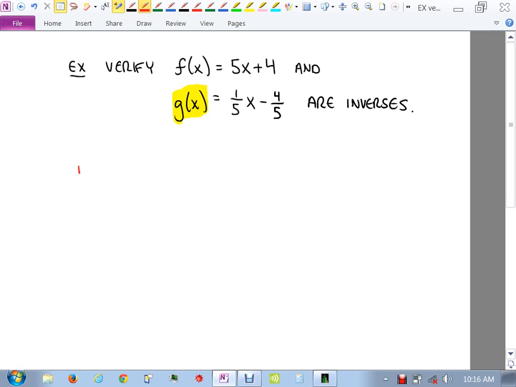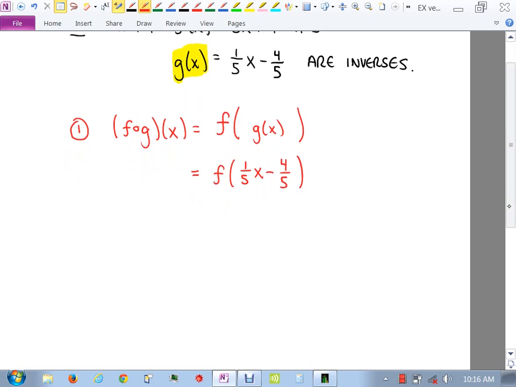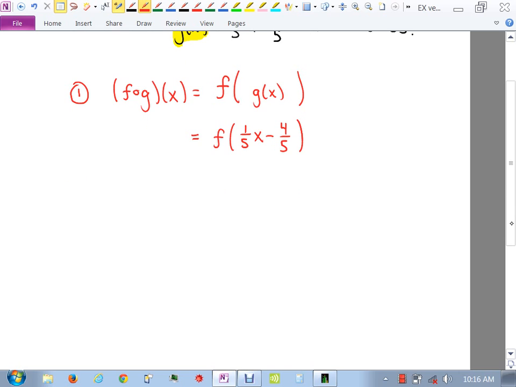Here we go. First one. Fog. F of g of x. Now you have to go back and remember what that meant. Fog was composition, right? You've got to go f, and inside f you're going to plug in g, right? But what is g? 1/5 x minus 4/5. Any questions on that?